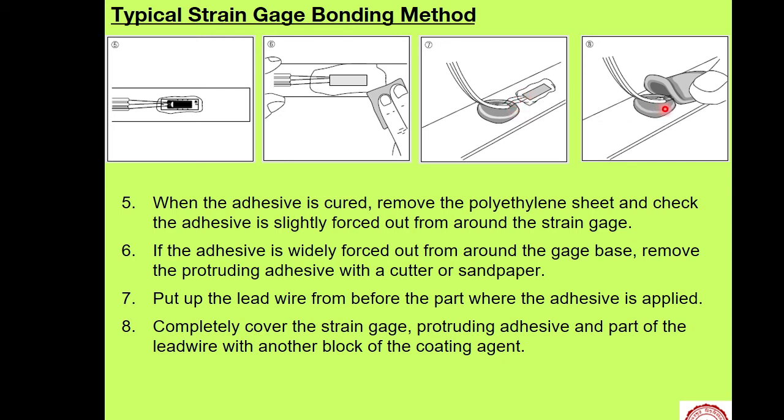To avoid this, one has to cover this part as well, so that the tension of these wires is not transmitted directly to the strain gauge. So completely cover the strain gauge, protruding adhesive, and part of the lead wire. This completes the mounting part.